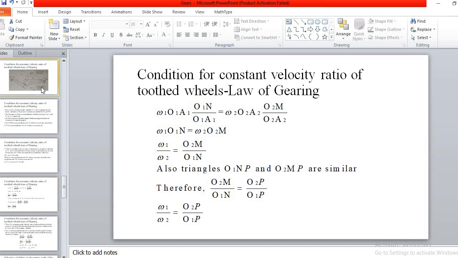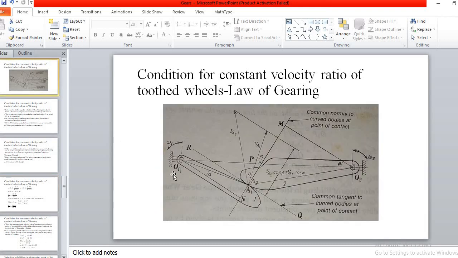The line joining the centers of these two curved bodies is O1O2.